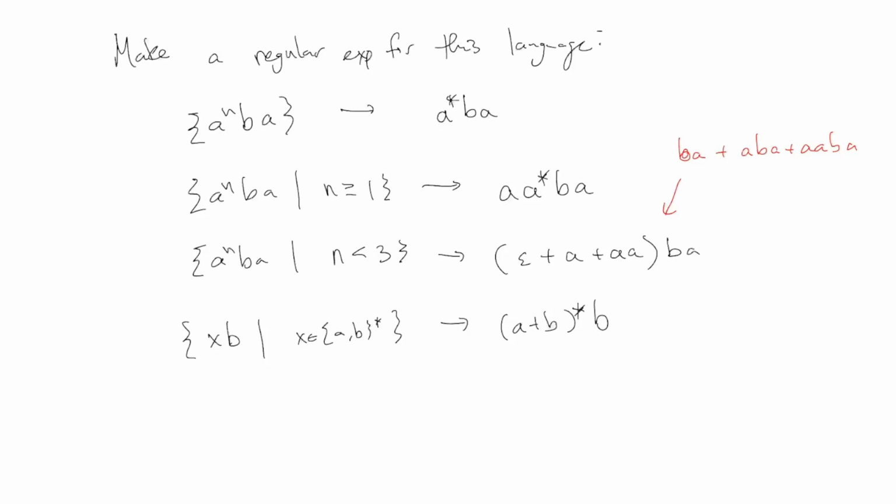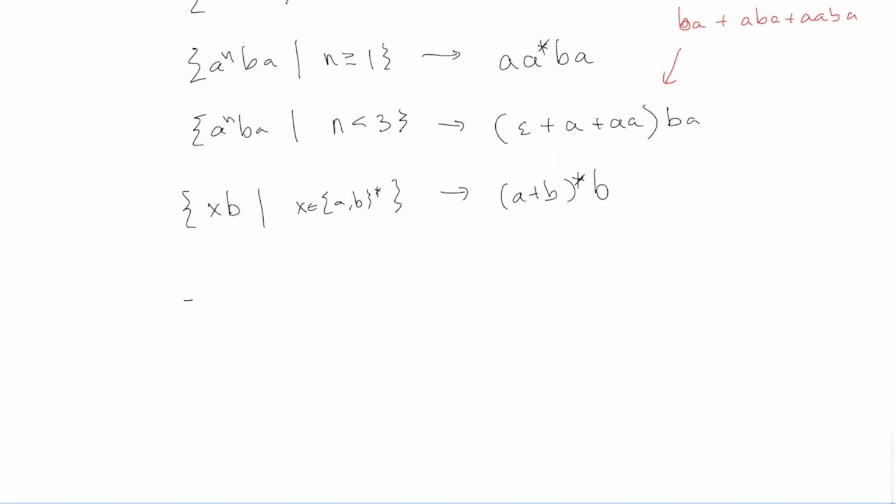All right, here's another way to say it. Something like X such that X starts with A and ends with BA. Anyone want to give that as a regular expression? Starts with A, then it's got some stuff in the middle, then ends with BA.